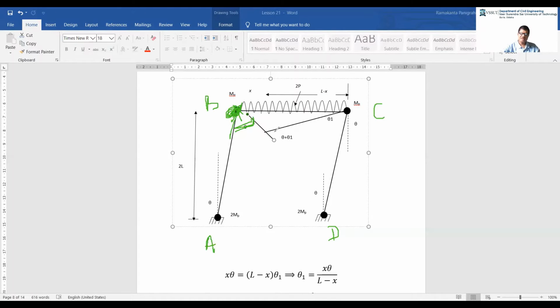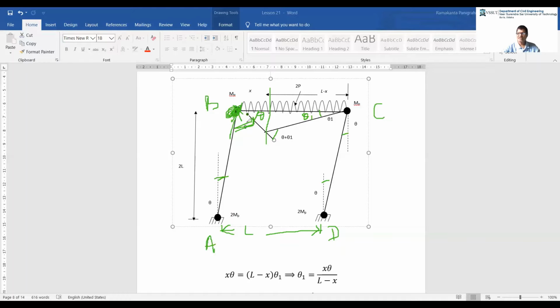Now here, because this angle is theta, this angle will be theta 1 or phi, what you say. Now find this length was L. Where this hinge will form, it is not formed.